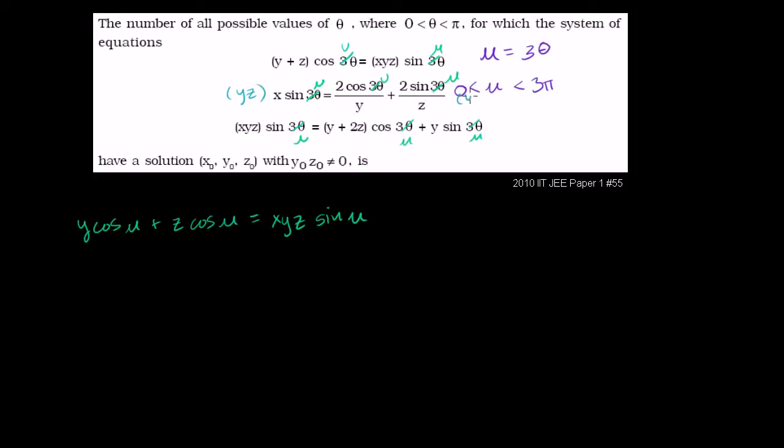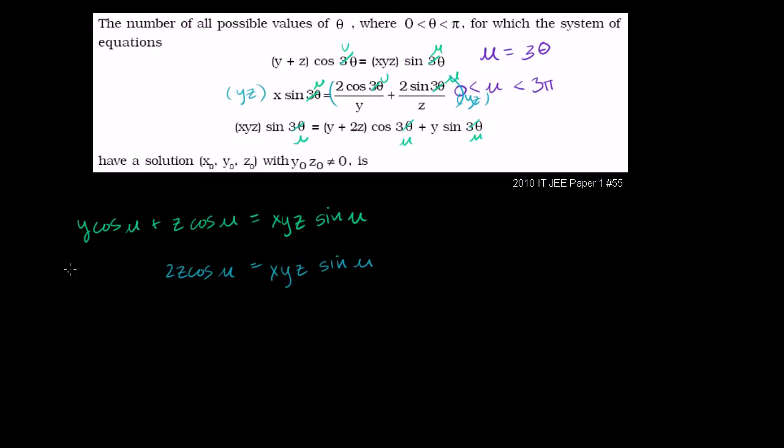The left-hand side becomes xyz sine of u. And then yz times 2 cosine of u is going to be 2z cosine of u. I just swapped the sides. And then yz times 2 sine of u is going to be 2y sine of u.